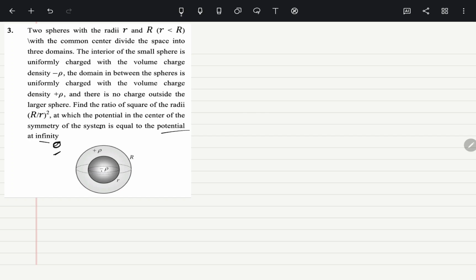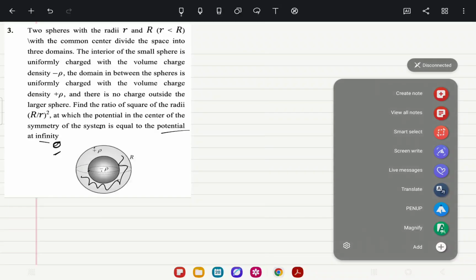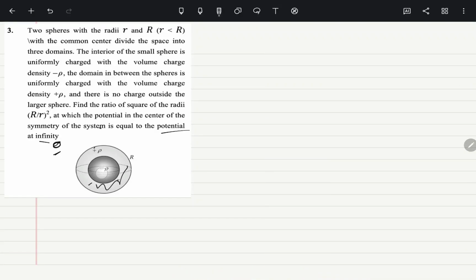But what about the second domain, the plus rho, which is present here only, and how to find the potential at the center? So I'll use symmetry. Suppose in this region, I place rho and minus rho, meaning two spheres I assume in the same space, one sphere which has density plus rho, one sphere which has density minus rho.